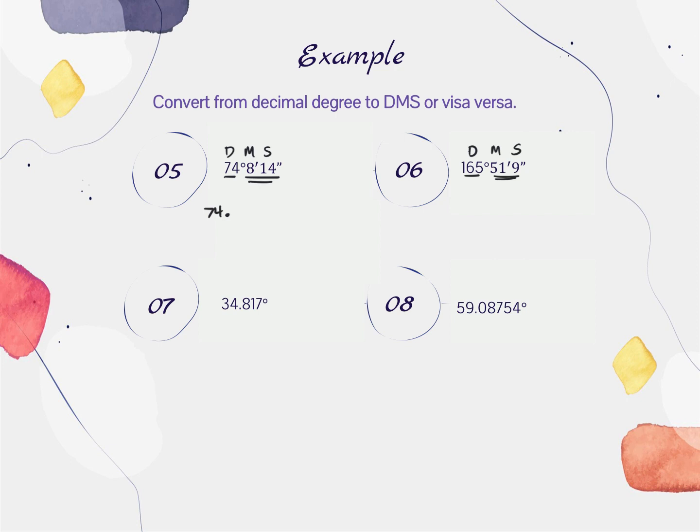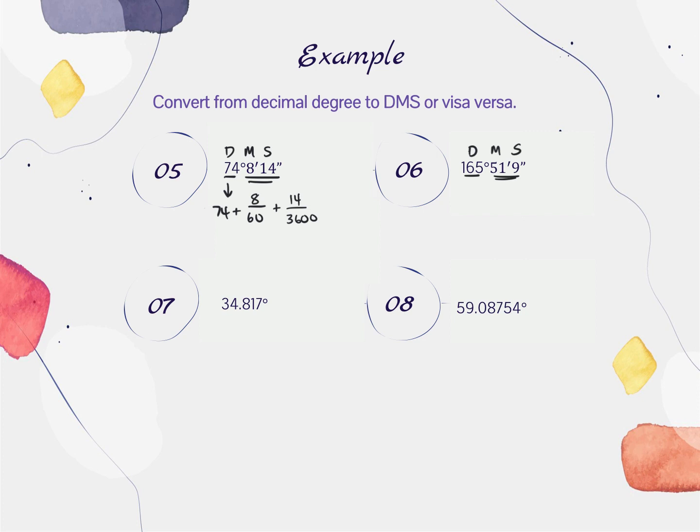You're going to take the degree 74 plus the minutes divided by 60. You're going to add it to it, and you're going to add the seconds divided by 3,600 every time. So whatever the minutes is, it's over 60. Whatever the seconds is, it's over 3,600.